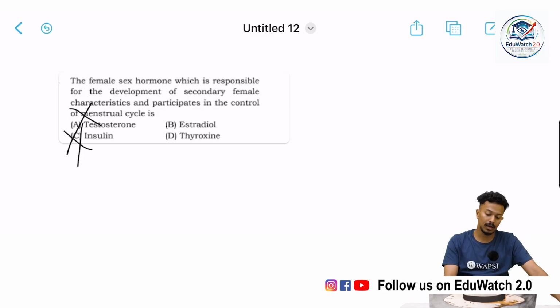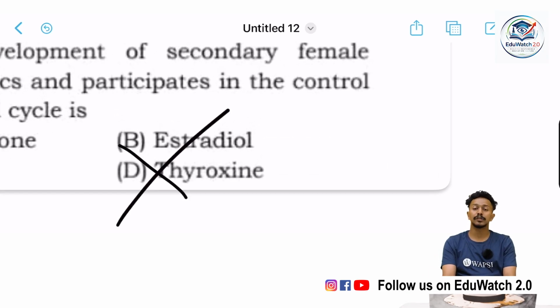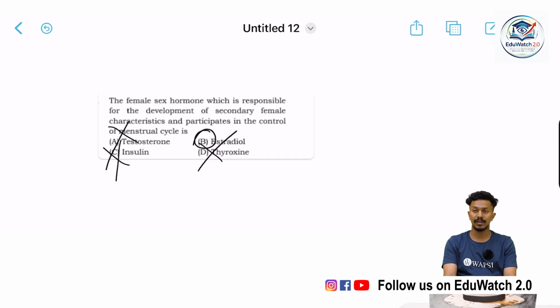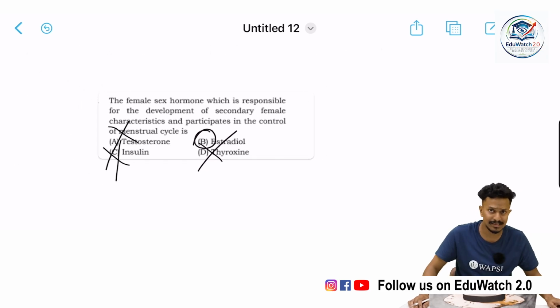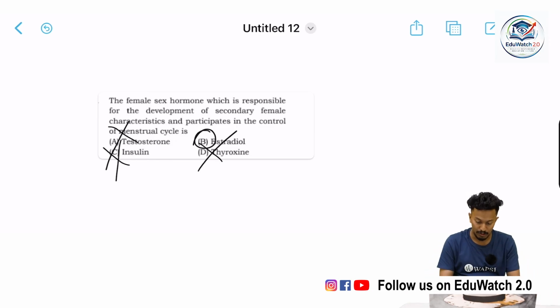Thyroxine is a hormone produced by the thyroid gland. And the last one, the odd one out, is estradiol. So that is the correct answer here. Estradiol is the female hormone that produces the secondary sex characters in females on reaching the age of puberty.